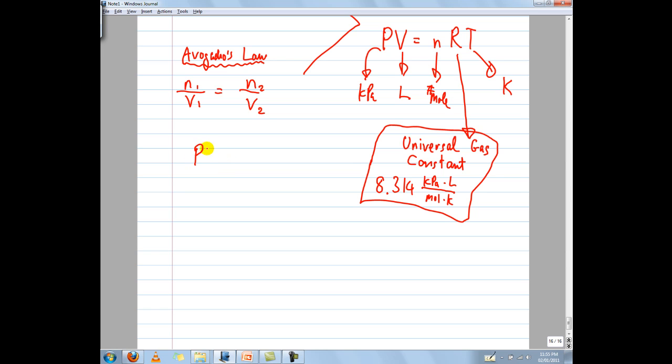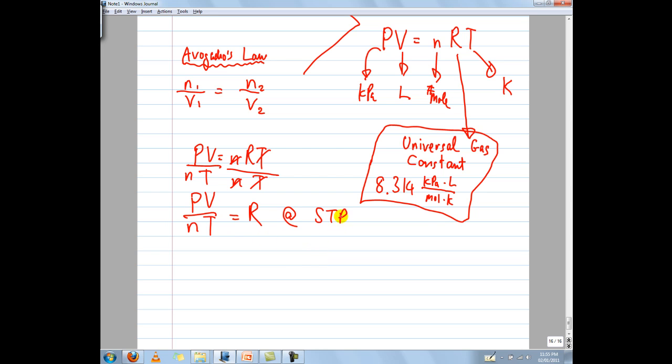If I rearrange the equation, PV is nRT, and I want R on this side, so I divide by n and divide by T, so the T's cancel out, the n's cancel out. So it becomes PV over nT is equal to R at STP, and start plugging in the numbers.